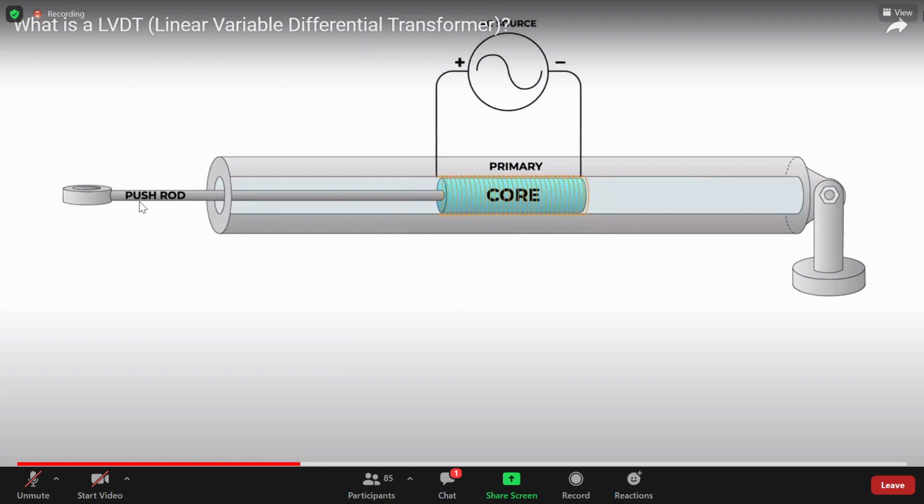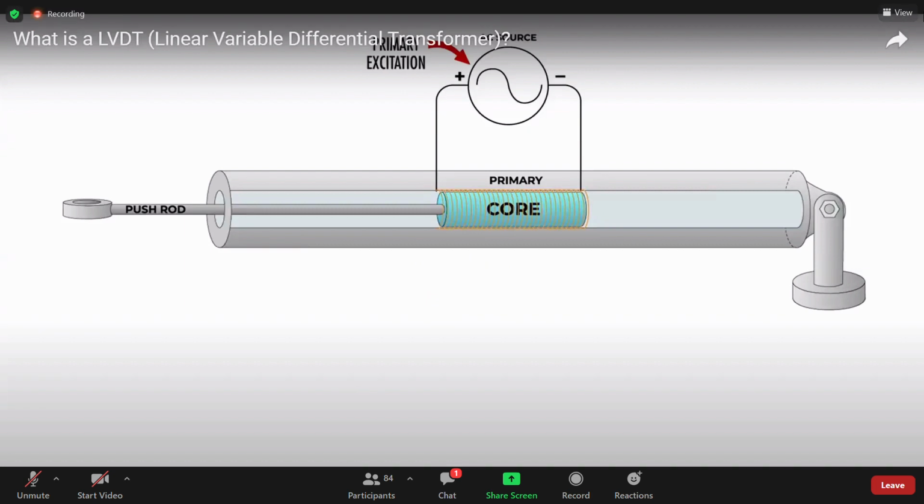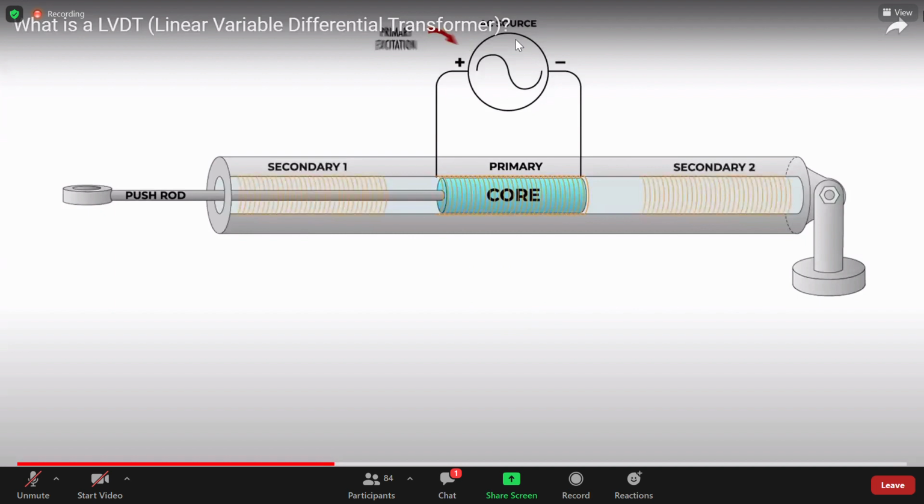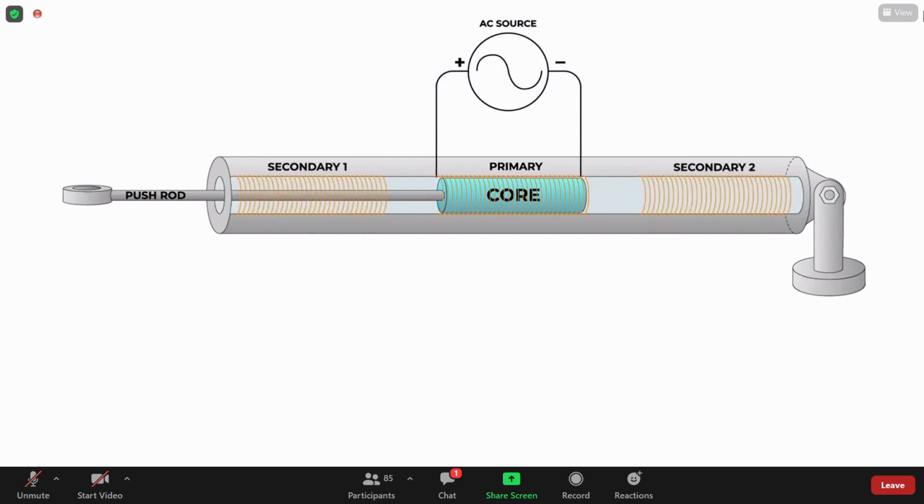So in this way, we have to move the rod which is connected to the core in the primary coil, and now we will get the secondary coils. We have to apply input voltage to the primary coil, while two secondary coils having equal number of turns are wrapped around either side of the cylinder at equal distances from the primary coil.